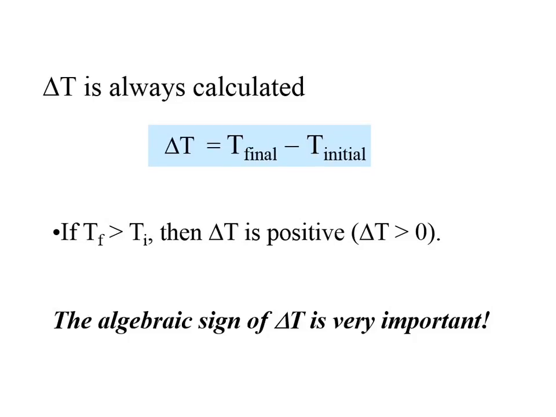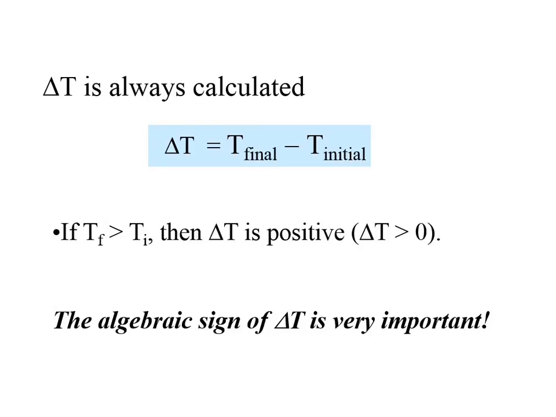So delta T's sign makes a difference. The one I was showing you, where we zapped 1 gram and it went from 14.5 to 15.5, did I do that right? Yes, it went from 14.5 to 15.5.